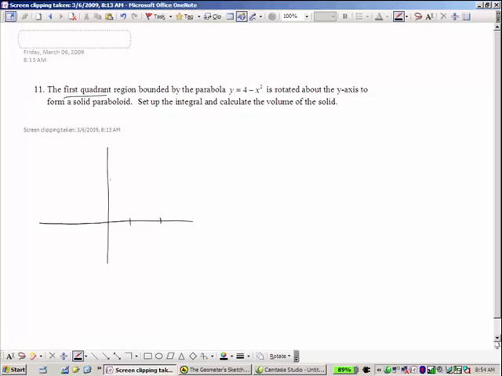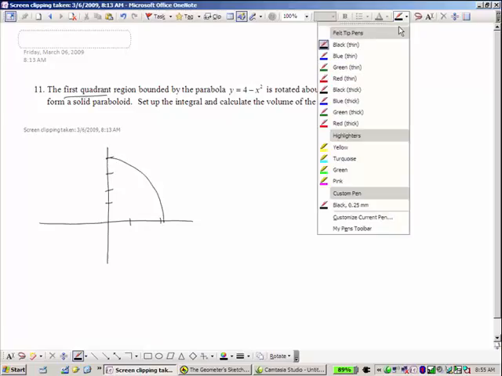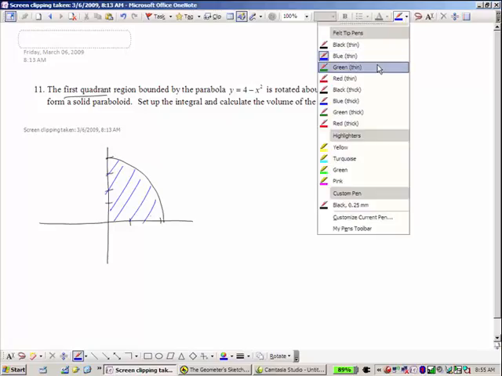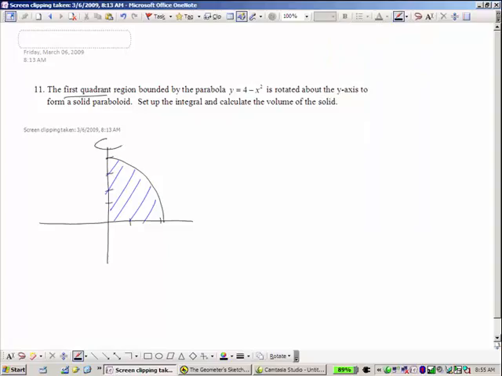So I'm just going to do 2 and 1, 2, 3, 4. It's going to look something like this. So I have to take that shape and rotate about the y-axis to form a paraboloid. Okay, so let's see. I'm going to rotate around the y-axis.